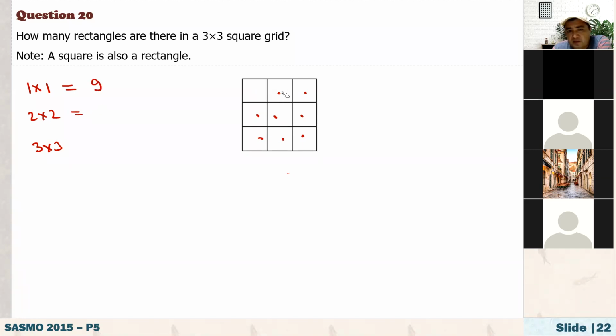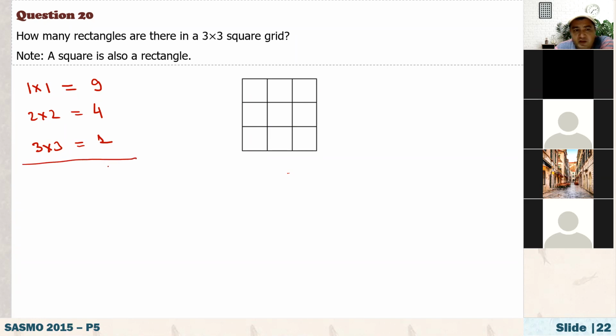Now I will erase them and count 2 by 2 squares. That is 1, 2, 3, 4. So we have 4 2 by 2 squares. And how about 3 by 3? Only the biggest one, we have only 1.